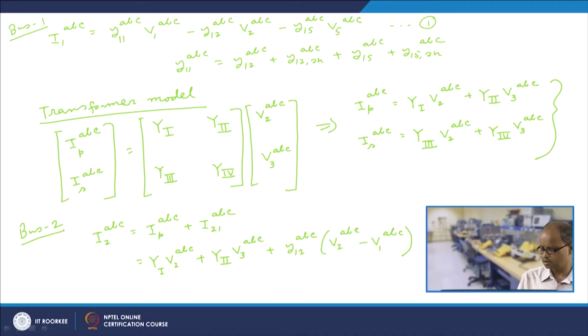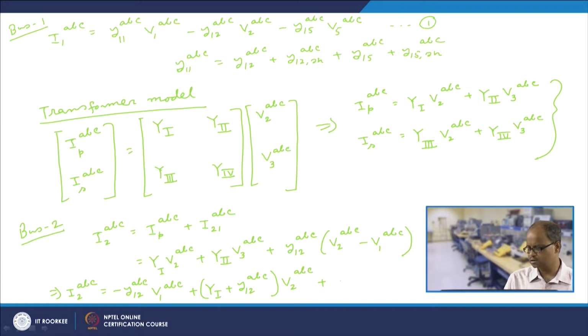So, I2 ABC would be given by minus Y12 ABC V1 ABC plus, taking V2 ABC together, Y1 plus Y12 ABC into V2 ABC plus Y2 into V3 ABC. So, this is equation 2.